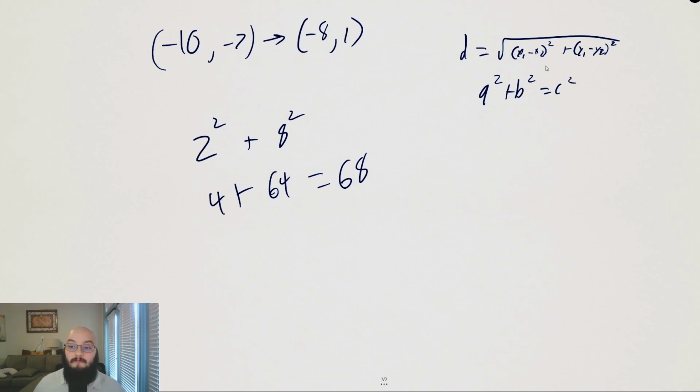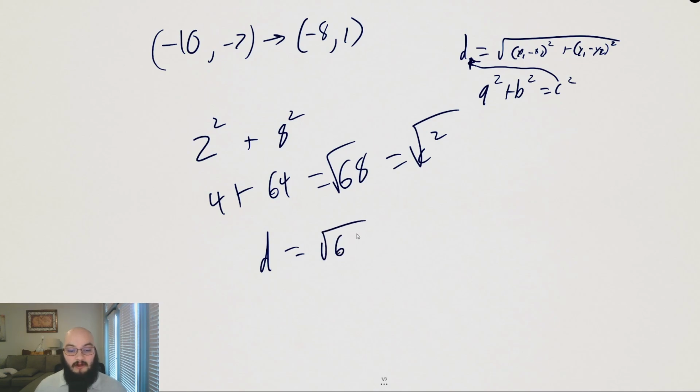And finally, because we're looking for c in this case, we need to square root both sides, or we need to square root this to get c. So square root this, square root this. Our actual distance, because remember, distance is the same thing as c here. These are the same. Our distance is going to be the square root of 68.